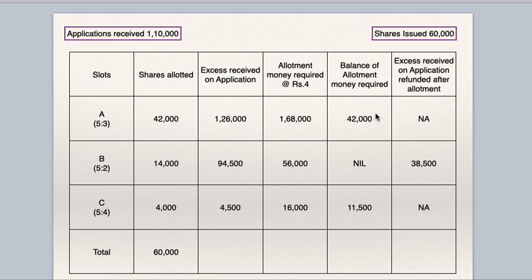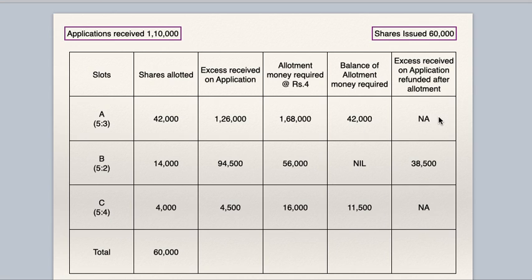So balance money 1,68,000 minus 1,26,000, 42,000 shareholders have to pay. Nothing is to be refunded because after adjusting allotment 1,26,000, they have to ask shareholders to pay 42,000.